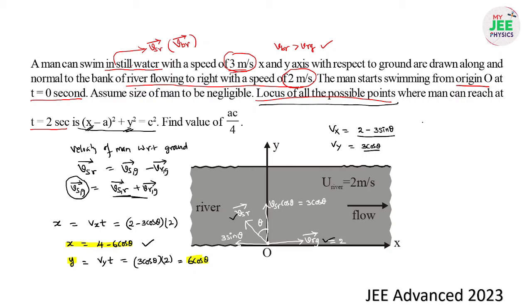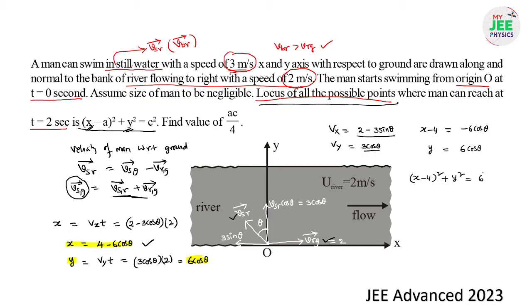Now you see the extreme right on screen. I can write down that x minus 4 is equal to minus 6 cos theta from the one equation. The other equation I can write down that y is equal to 6 cos theta. Okay, if I am squaring and adding these two, x minus 4 whole square, because the question is formed in that way. In the question they have given x minus a whole square plus y square is equal to c square.